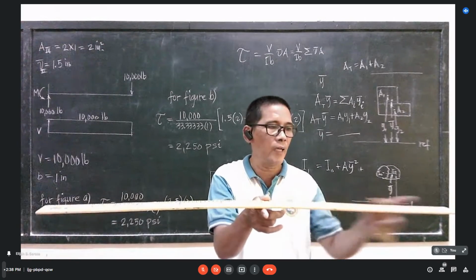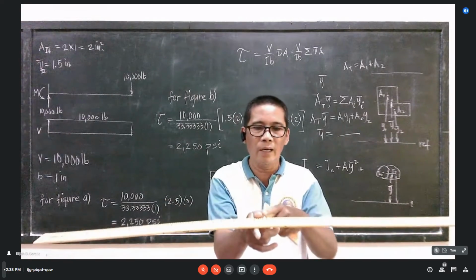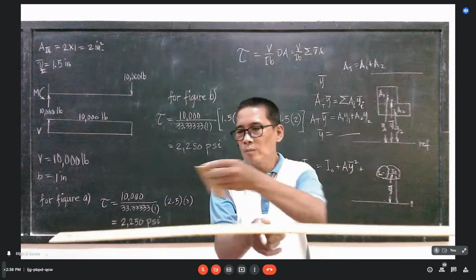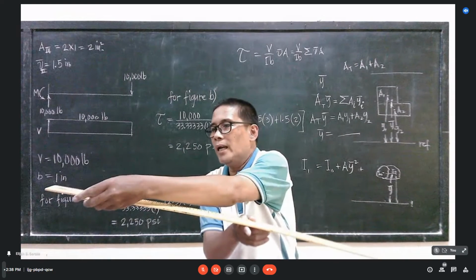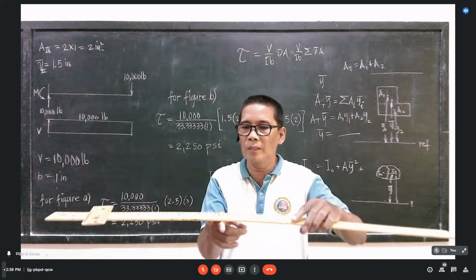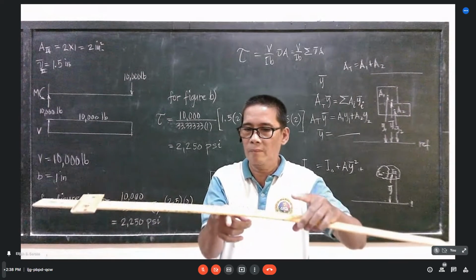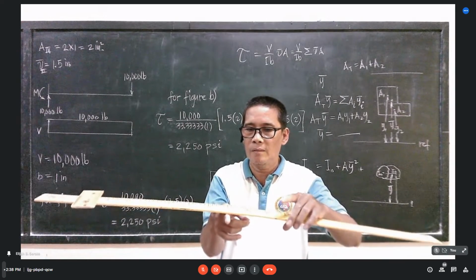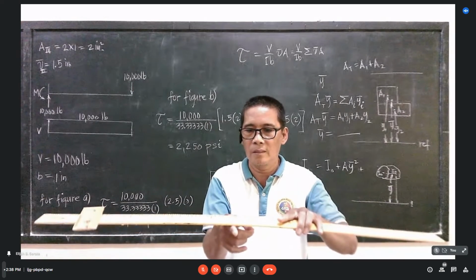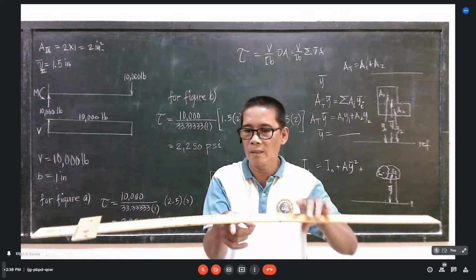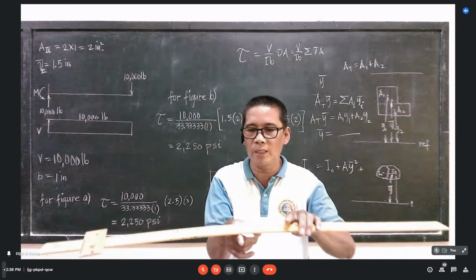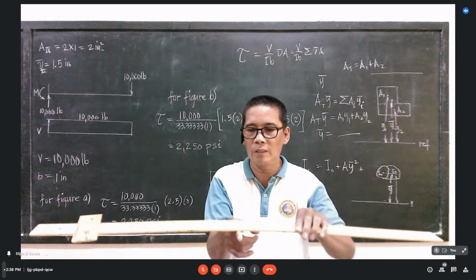Let's say this area here and this area here are identical, so the center of gravity is in the middle of them. However, if we add more area on one side, we expect the center of gravity to shift there. That is the best I can explain about center of gravity or centroid.